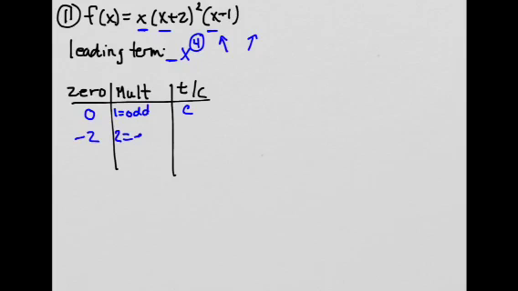That's even, so I know that it's going to be tangent. And then the last factor over here is x minus 1, so that's going to be a 1. The degree is 1, so that's an odd number. It's going to cross.